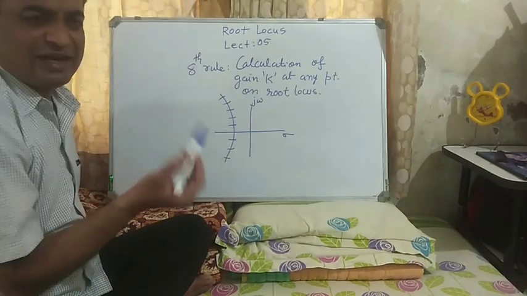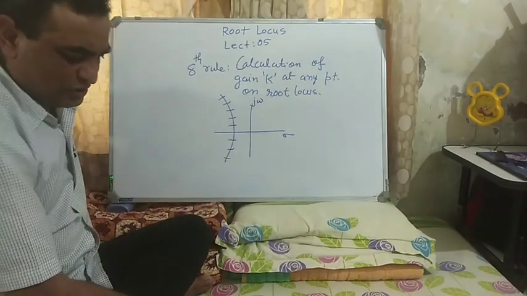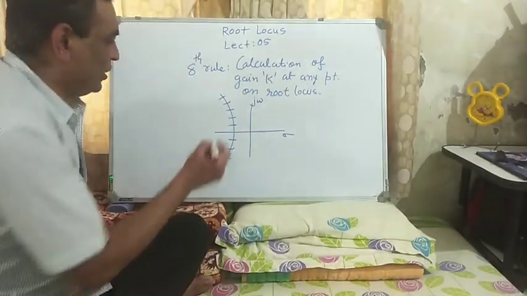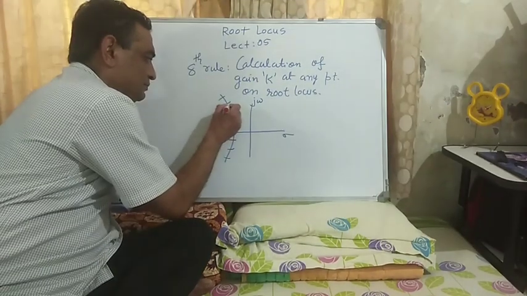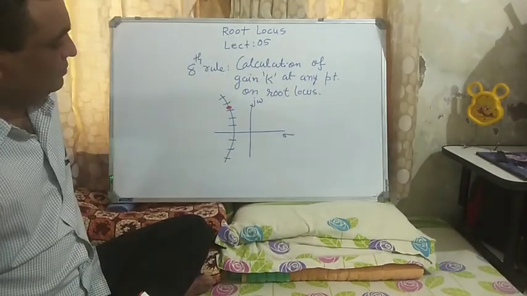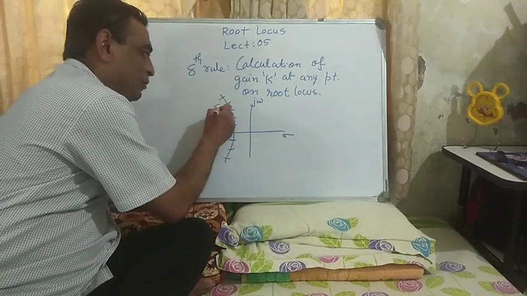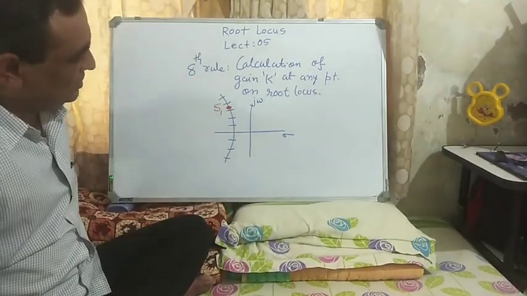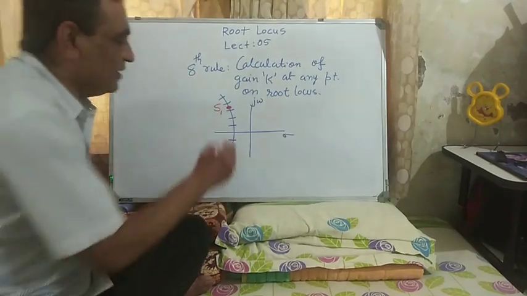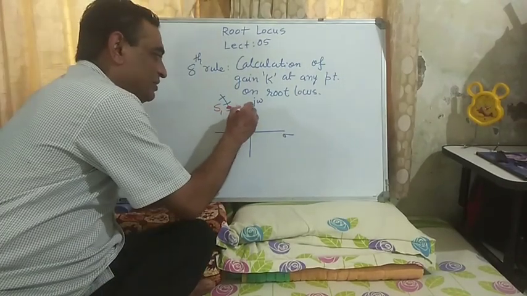Then you can select any random point on the root locus. So let's say I am selecting this point, S1, on the root locus. I can calculate the value of gain k at this point.